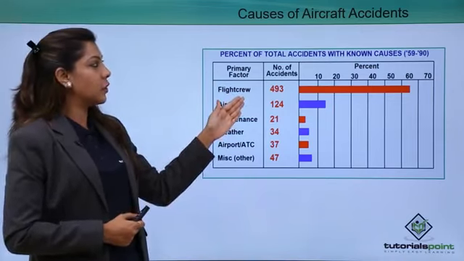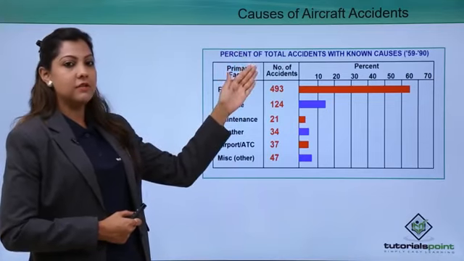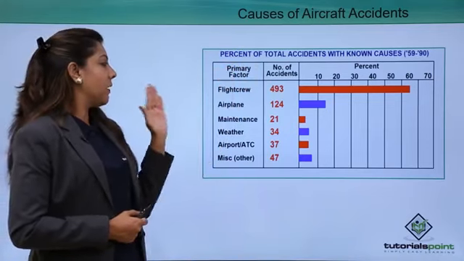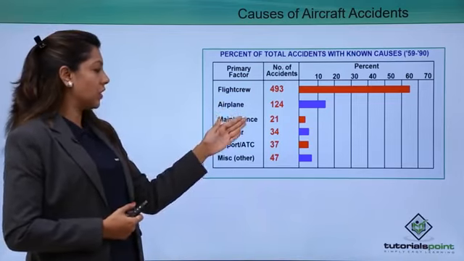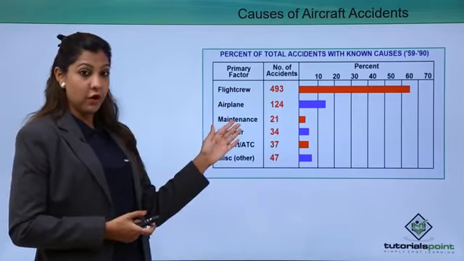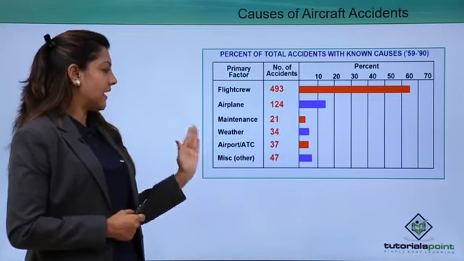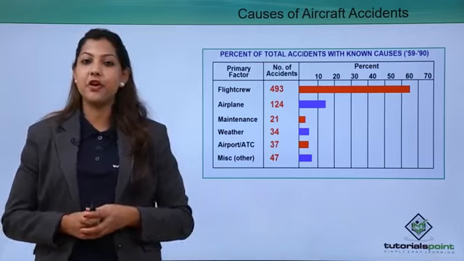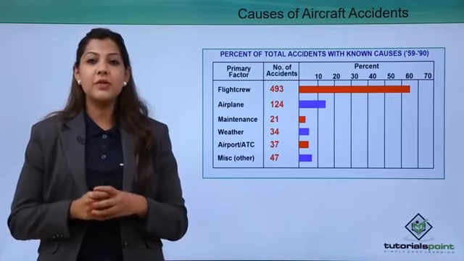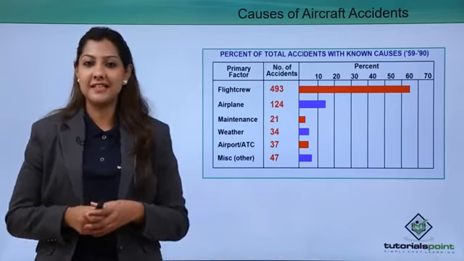These, my dear friends, are known in the period from 59 to 1990. Maintenance issues have caused 21 accidents. Weather has led to 34 accidents. ATC has led to 37 and other miscellaneous has led to 47 accidents between the years 1959 and 1990.